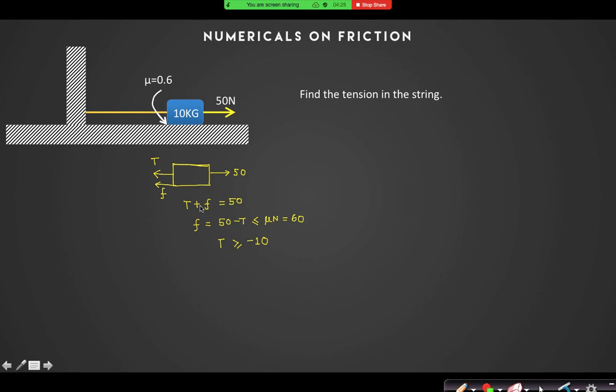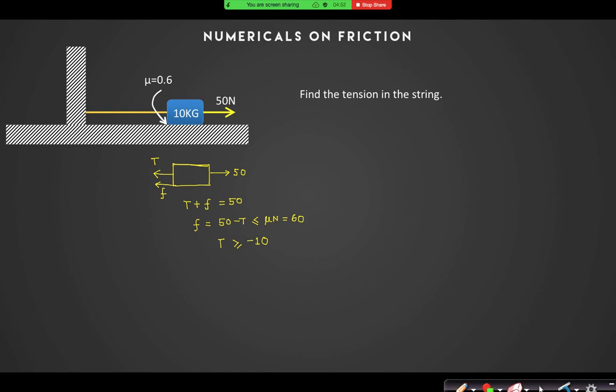The reason is very simple. Whenever tension and friction are both there and both oppose the applied force, which one appears first, the tension or the friction? Friction appears first, and after that tension comes into play, and tension increases its value from 0.